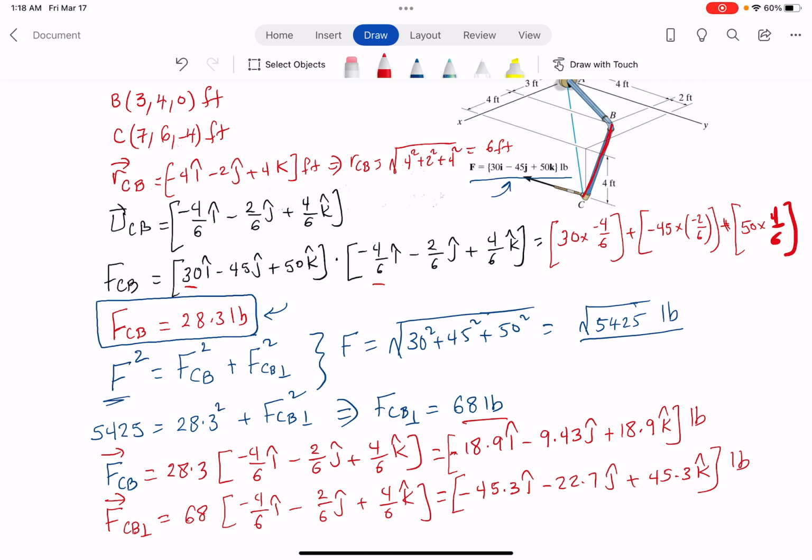This is in pounds. So we found both forces, one along the segment BC and one perpendicular to the segment CB, one in magnitude and one in Cartesian format.